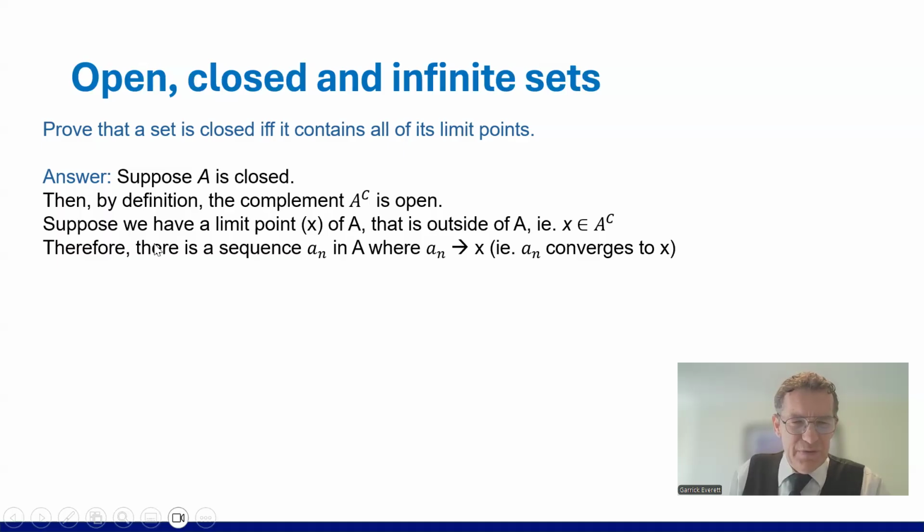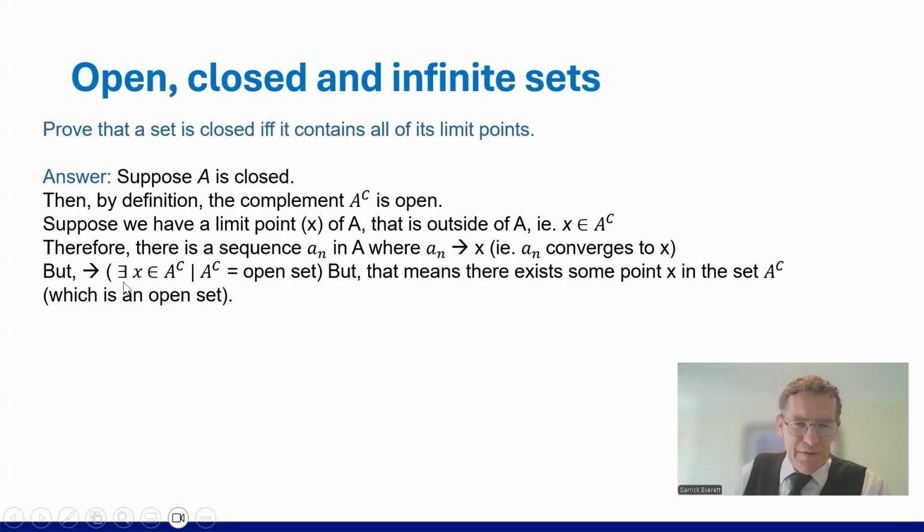If we're looking at a limit point, we've got a bunch of terms in A, and those terms reach some limit, which is x. So a_n converges to some limit x, there's some sequence in A where a_n goes to x. It converges towards x, and then it doesn't go any further.